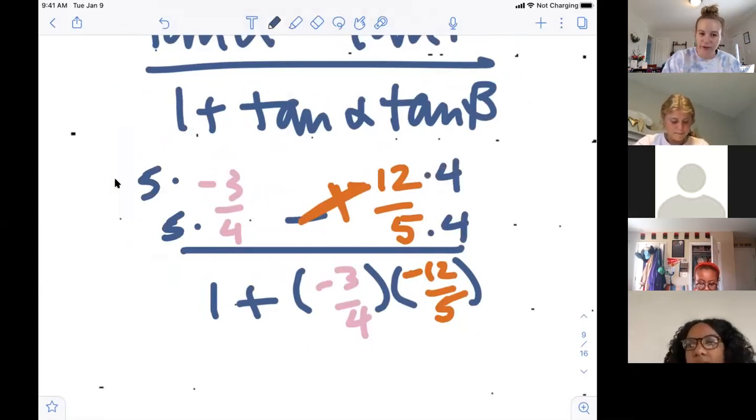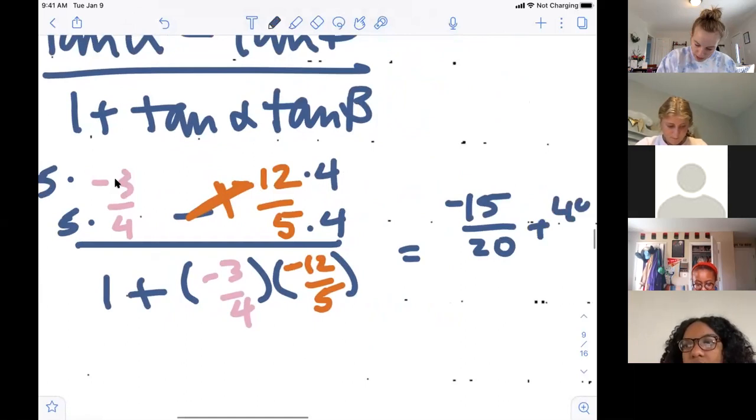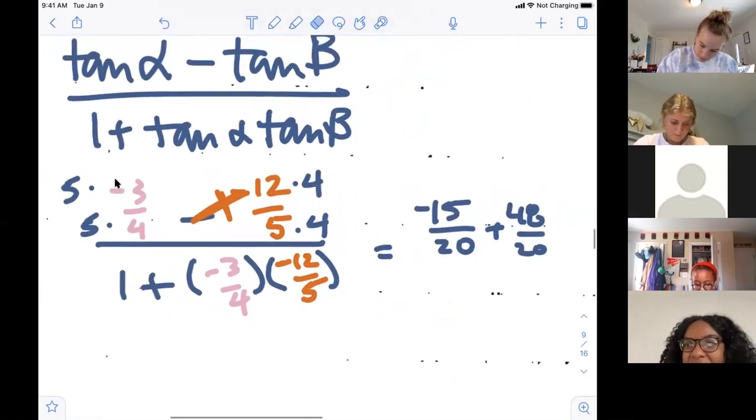Multiply the first fraction by 5 on top and bottom, and the second fraction by 4 on top and bottom. That gives me negative 15 over 20, plus 48 over 20. That was not any nicer.